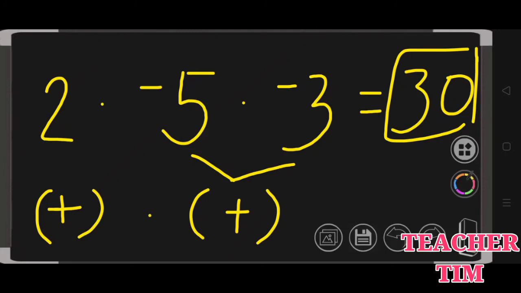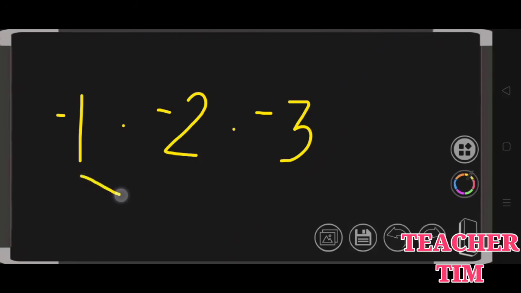Okay, so again, let's proceed to another example. We have negative 1 times negative 2 times negative 3. So there are 3 negatives in this example. So the first 2 numbers have same signs, so the result will be positive.